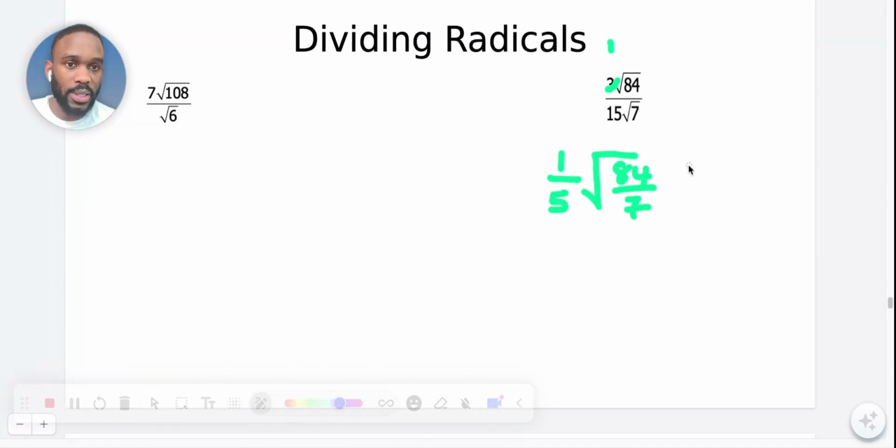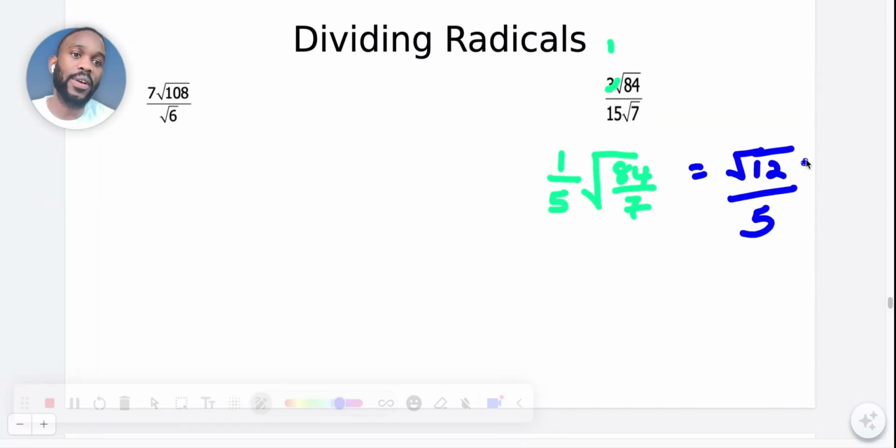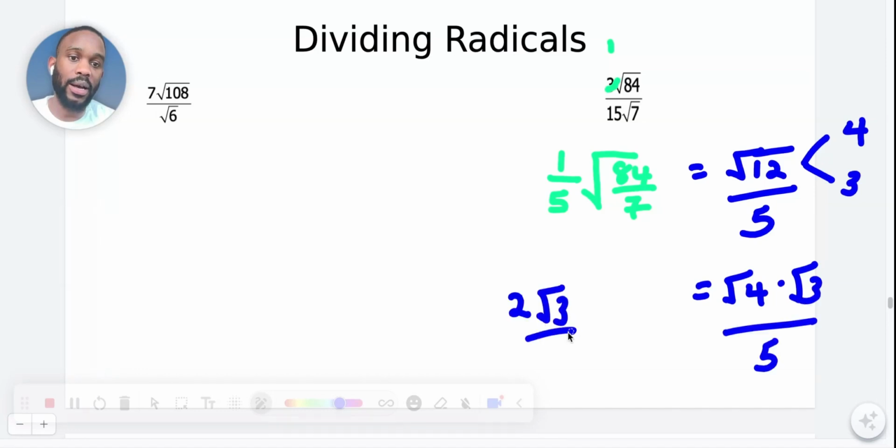So this is the same as the root of 12. Remember, this is under the root, divided by 5. But then 12 can be simplified further. Two numbers that you multiply to get 12, one being a perfect square, are 4 and 3. So I can write my root 12 as the root of 4 times the root of 3, giving 2 root 3 over 5 as our final answer. So as long as the denominator doesn't have a root or a radical, you're good to go, and this is the simplest form.